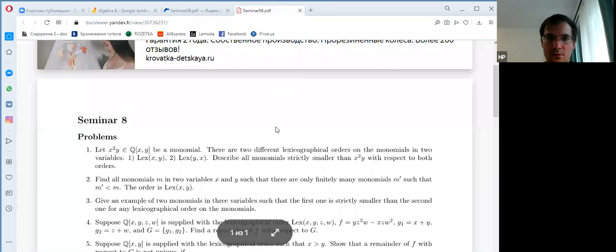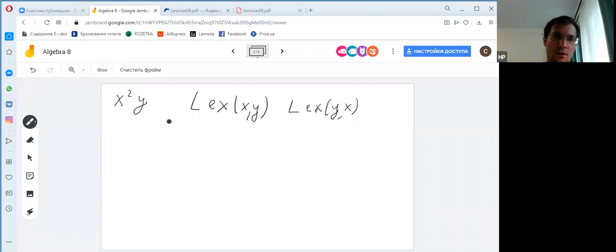We should describe all monomials that are strictly smaller than this fixed monomial with respect to both orders. Let us begin with the first ordering, lex xy. What monomials are smaller than x squared y?